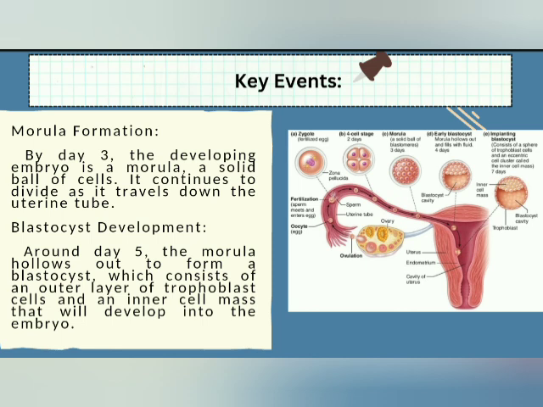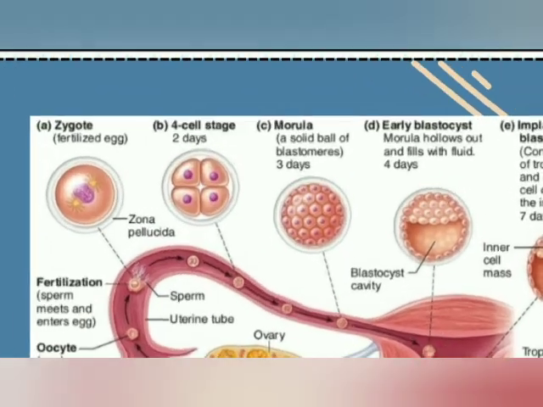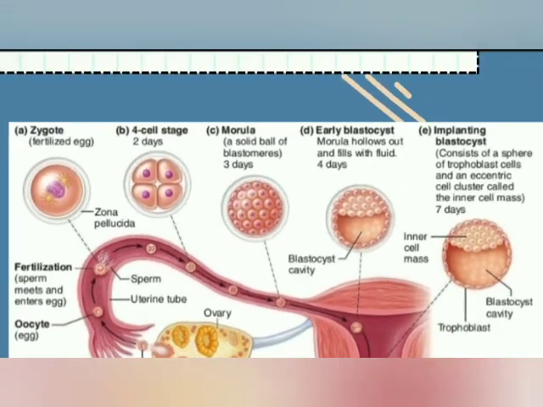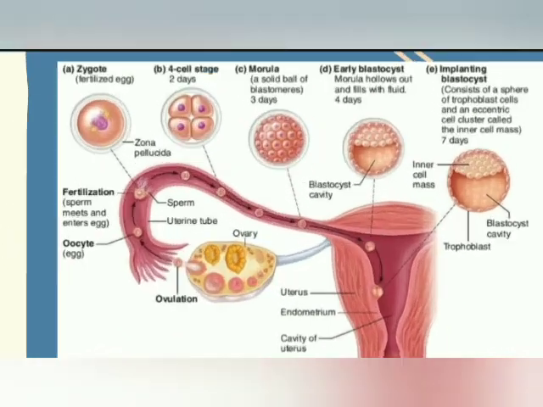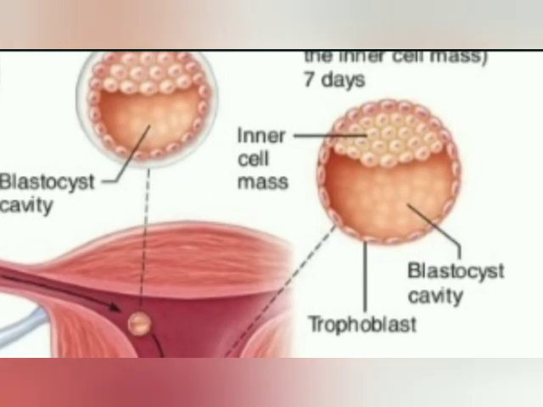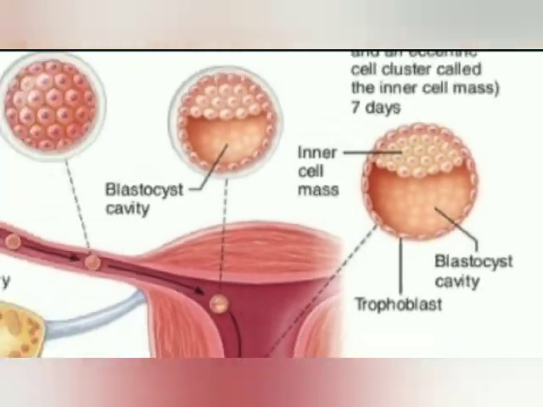Blastocyst development: around day 5, the morula hollows out and fills with fluid, then undergoes a series of mitosis and forms cleavage, surrounded by trophoblasts.